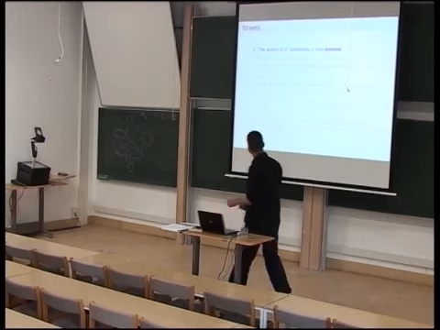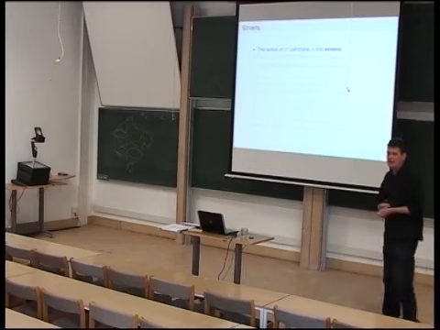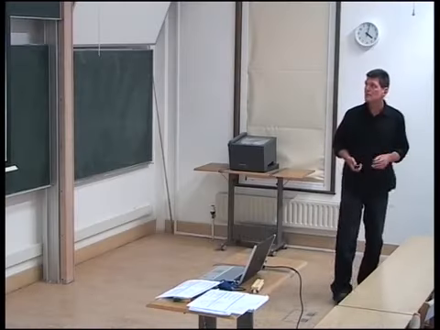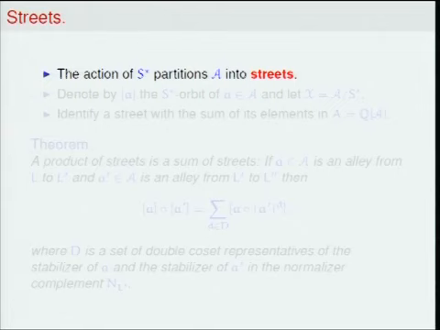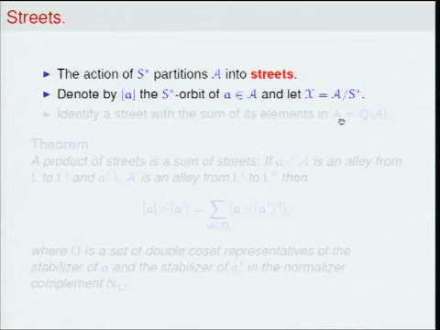Now, this action partitions the set of all paths into what I call streets. As before, we denote by square brackets the orbit of something. Denote by a in square brackets the orbit of little a under the action of the free monoid, and let curly x be the set of all such orbits, the set of all streets.